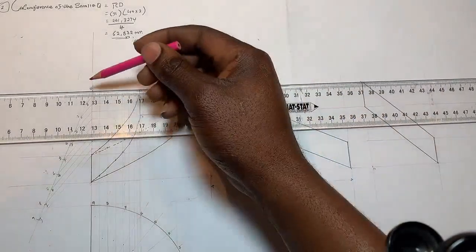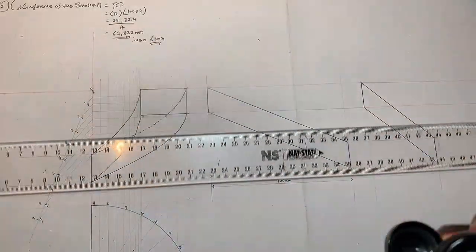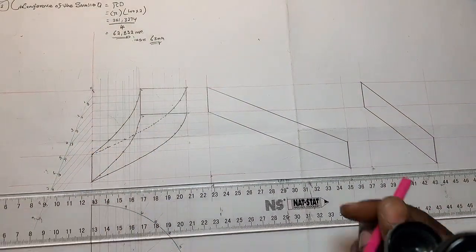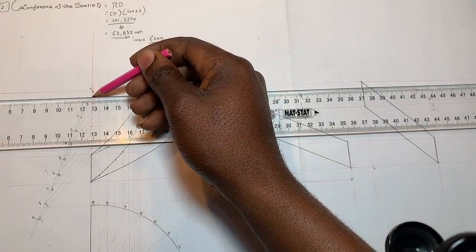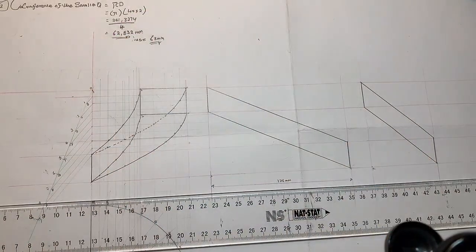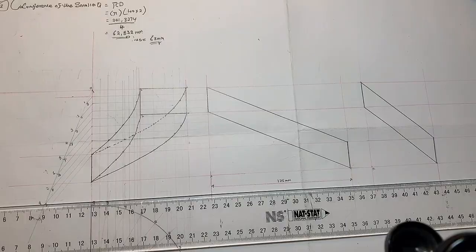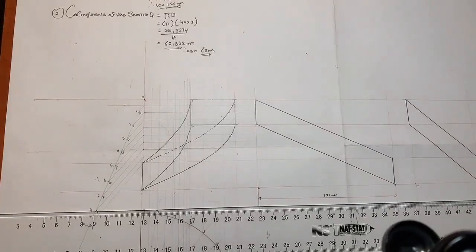So what I'm going to do, just extend this line of 0. There it is. And from 0 to 1, 1 to 2, 2 to 3, up until 8, 9 is the same. And then from there, I'm looking for the true length now.